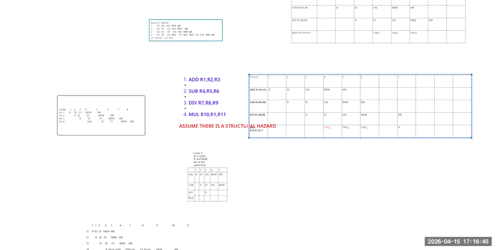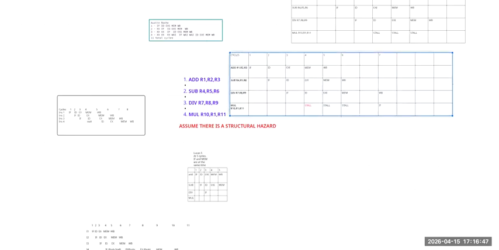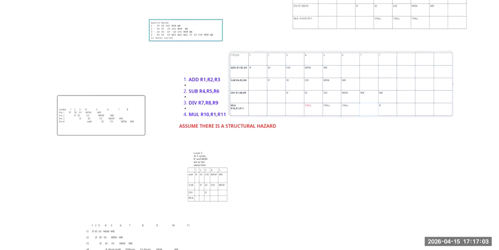So in total, in how many cycles will it finish? Oh, sorry, this one is the seventh. Instruction 4 enters into the instruction fetching stage. The eighth cycle, it's in the instruction decode stage.